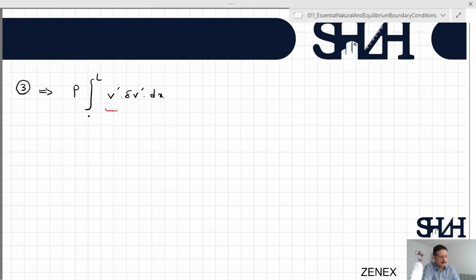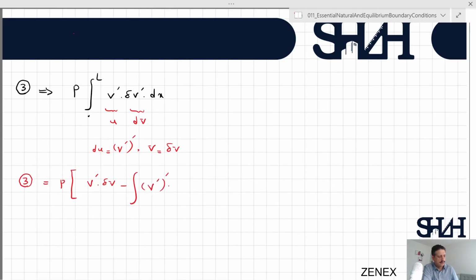So this will be u, this will be dv, du will be v'', and v will be delta v. So number 3 will be u times v, v' delta v, minus integration of v du, v'' delta v dx from 0 to L.